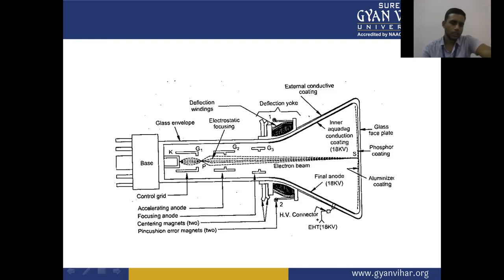The received signal is applied to the cathode, and this cathode generates the electron beam. So we have a control grid, accelerating anodes and focusing anodes, centering magnets and ion trap magnets. We have G1, G2, G3, three grids in the neck of the picture tube.